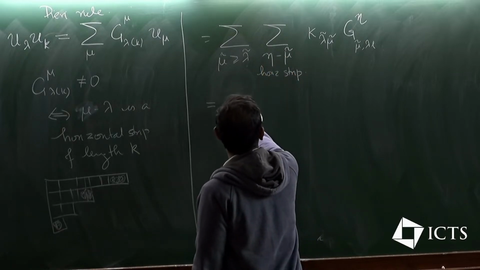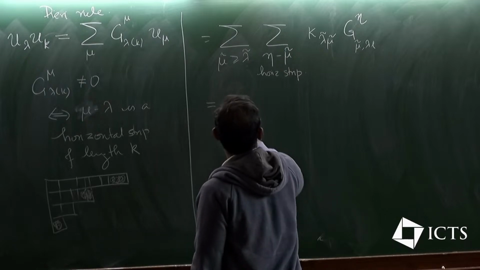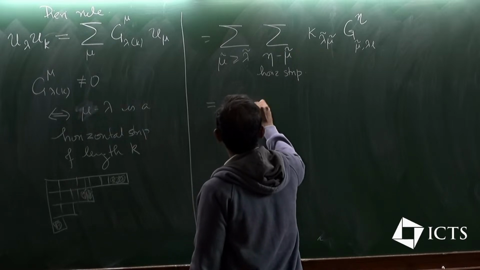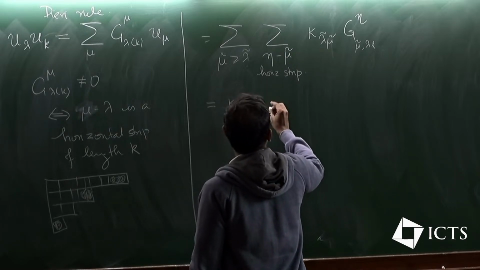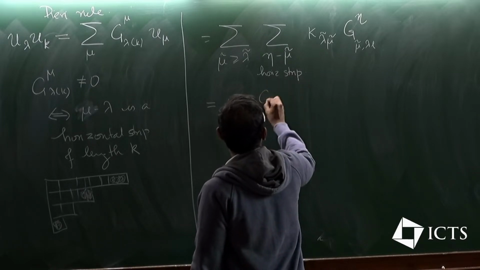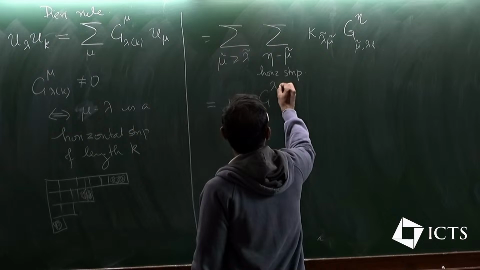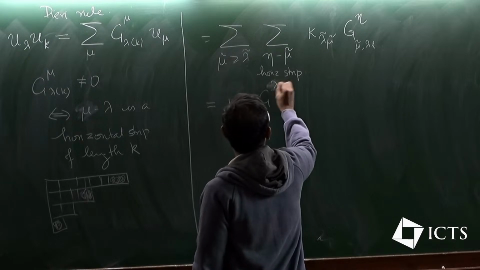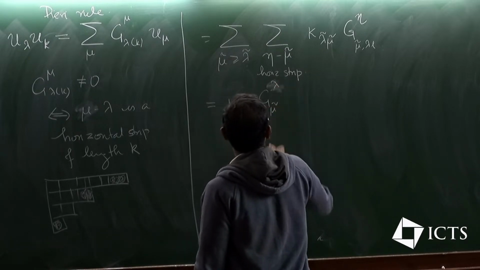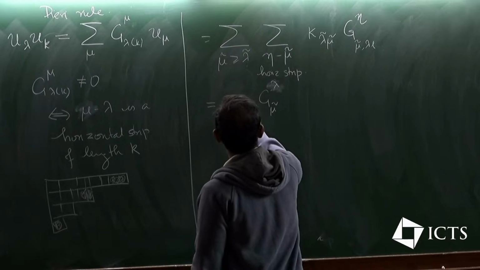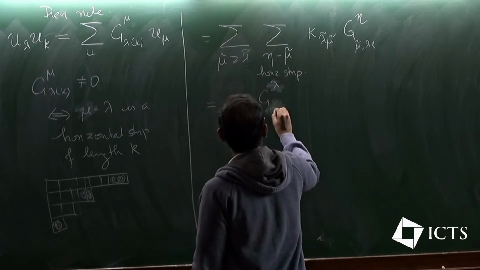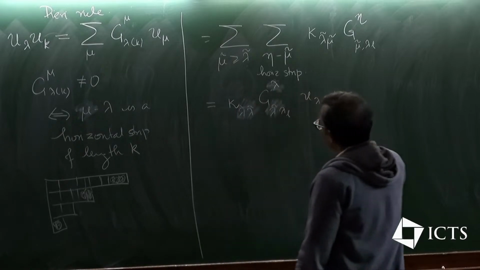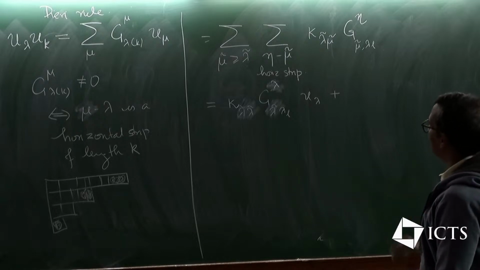So what you'll get is kappa lambda tilde lambda L times u lambda, and all the other terms that you get will dominate lambda.